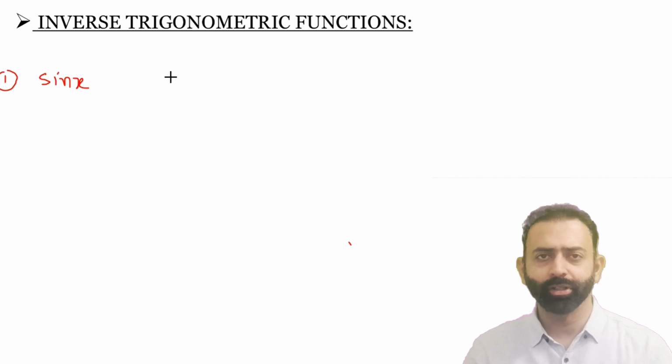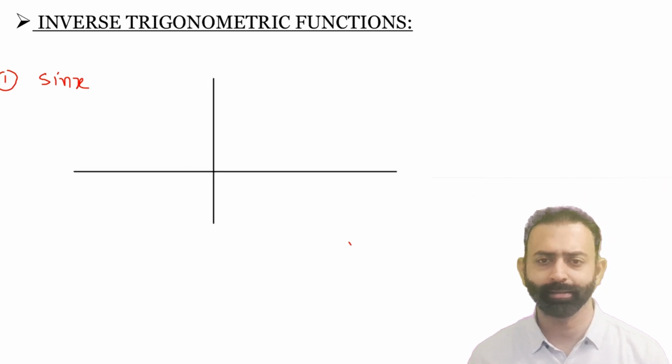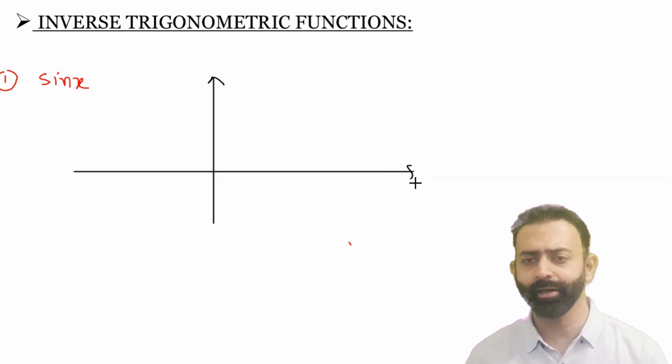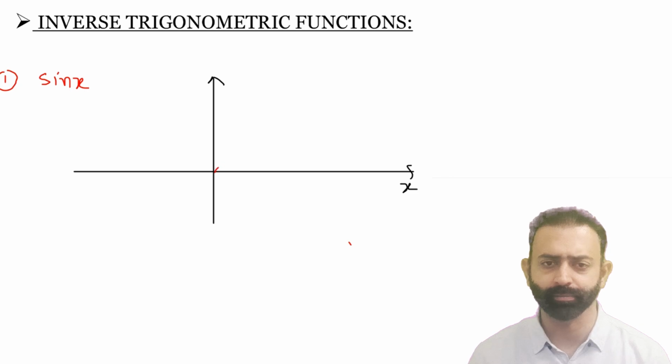let us first draw the graph of sin x. So this is our axis, x and y, and we are dealing with real numbers of x, meaning we will keep the radian angle, and the sin x graph is something like this.